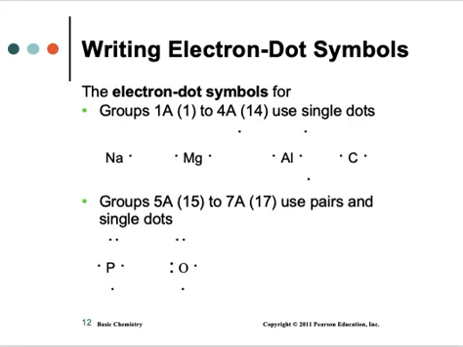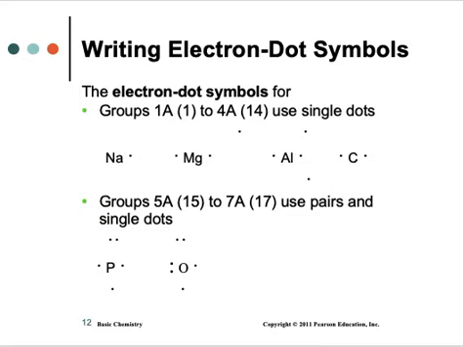So when you write an electron-dot structure, you're simply going to put the number of dots around that element symbol equal to the column that it's in, to the number of valence electrons. So sodium, for instance, is in group 1. There would be 1 dot. Magnesium's in group 2. There's 2 dots. Aluminum's in group 3.